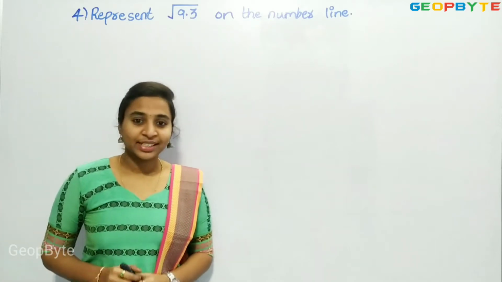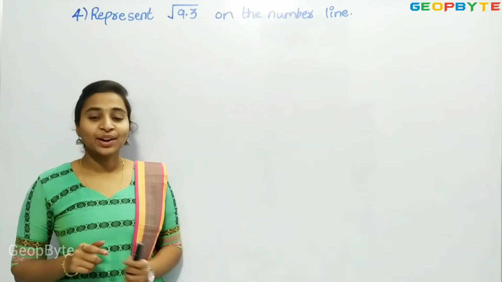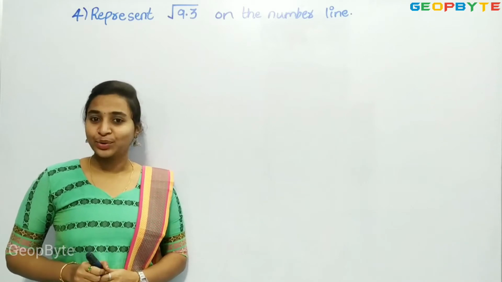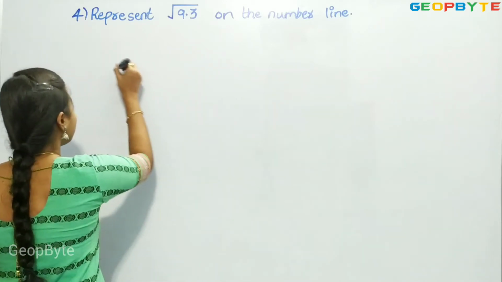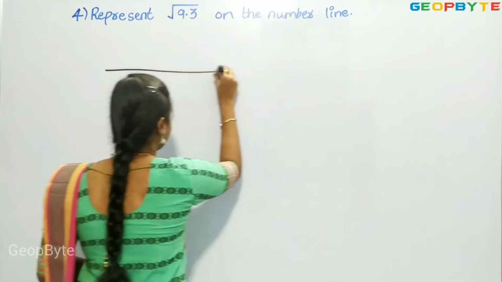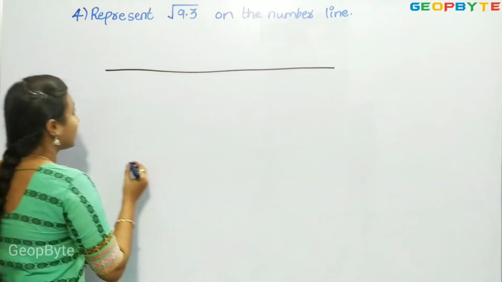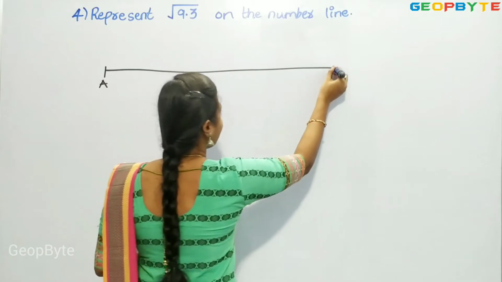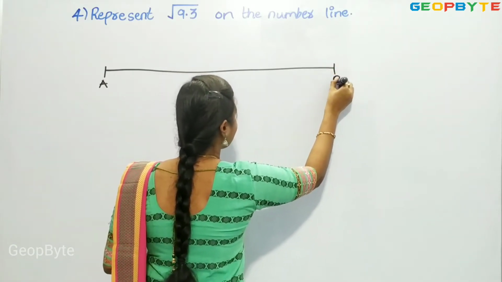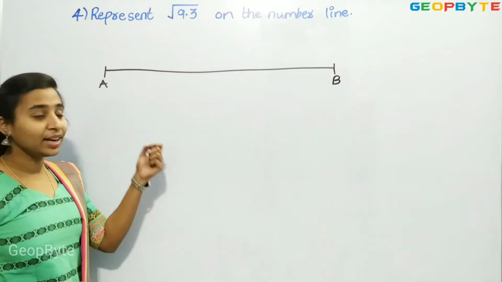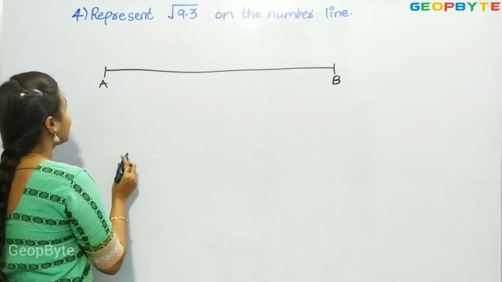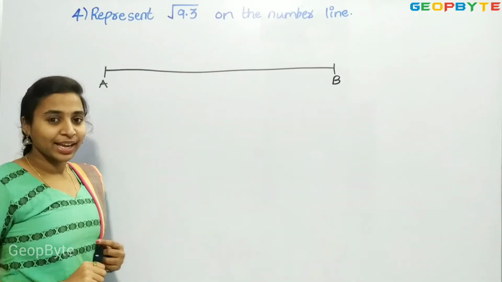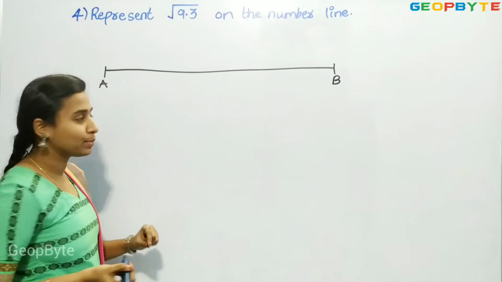First, let us draw a line of 9.3 units length. Take it as A and B. Divide this line into 9.3 units. Let us take 1 unit as 1 centimeter.